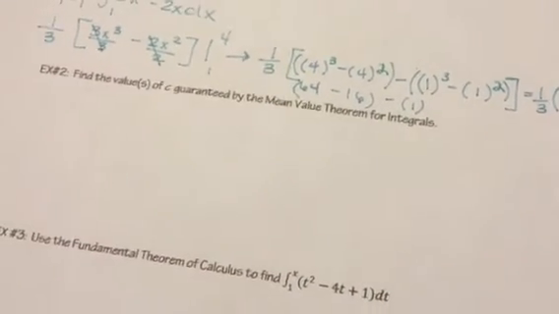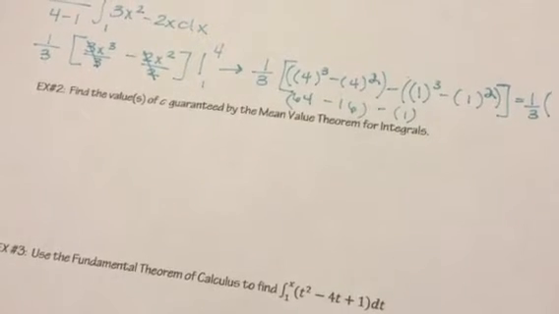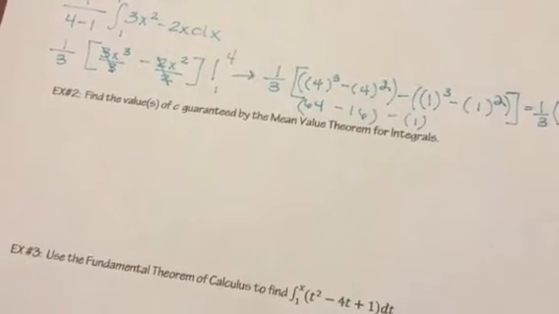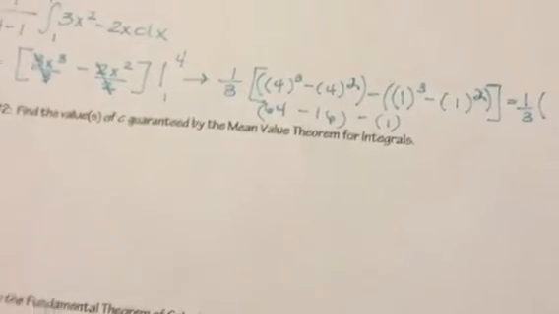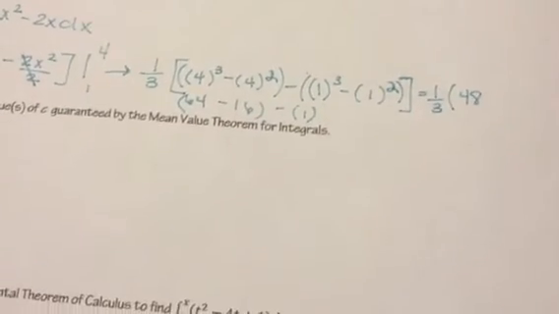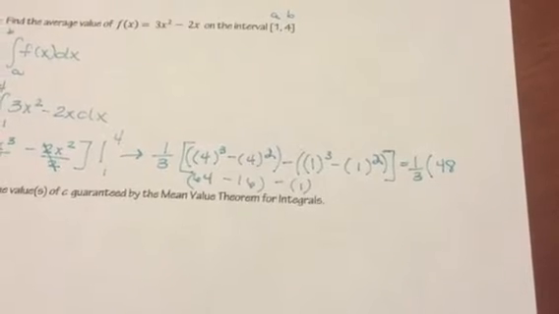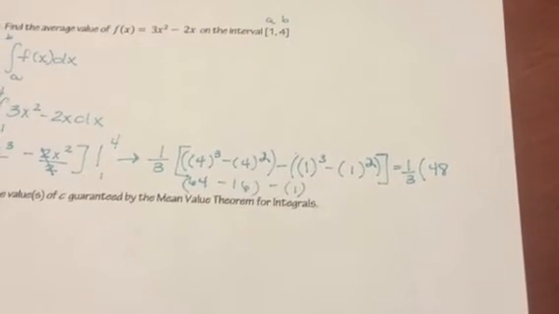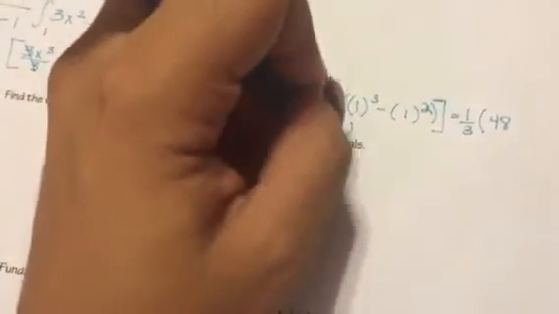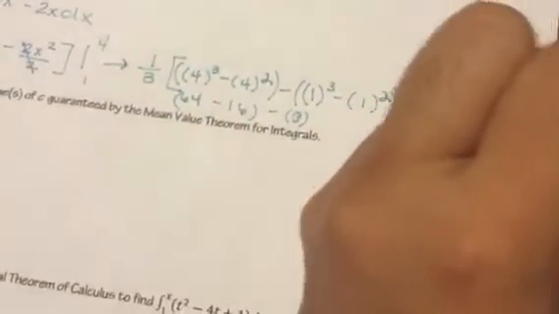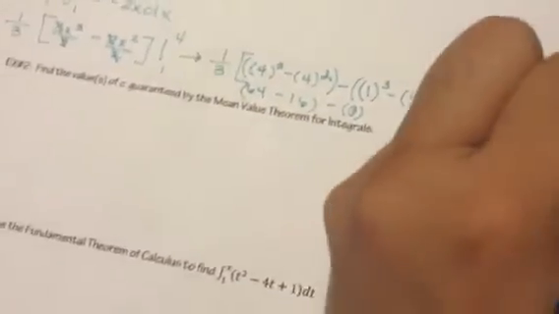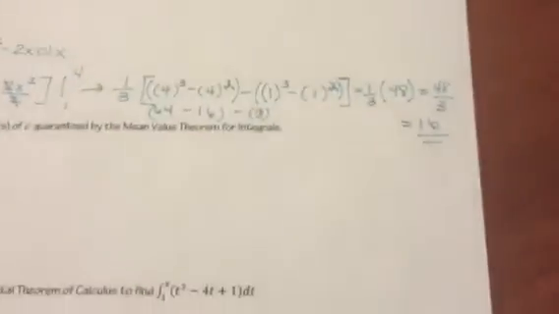So 64 minus 16 will give us 48. And then 1 minus 1 is essentially going to give us 0 here, not a 1. So we really have 48 over 3, which simplifies to 16.